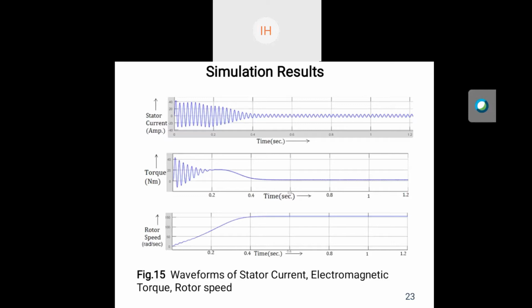For the torque, before 0.4 second there is a ripple, and after 0.4 second the torque is nearly equal to 0, as we have used no torque. It is in no load condition. And the rotor speed before 0.4 second gradually increases from 0 to 157 radian per second, and after 0.4 second it is constant and nearly equal to 157 radian per second. Next slide.